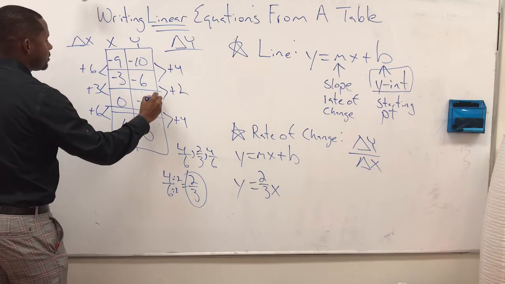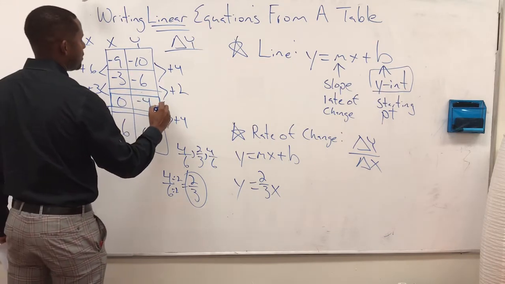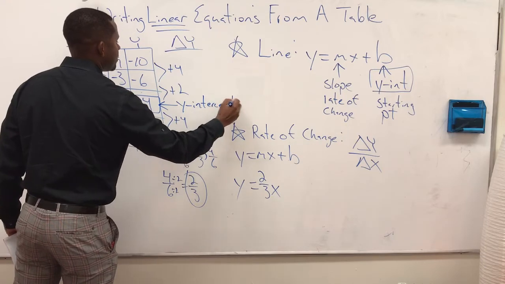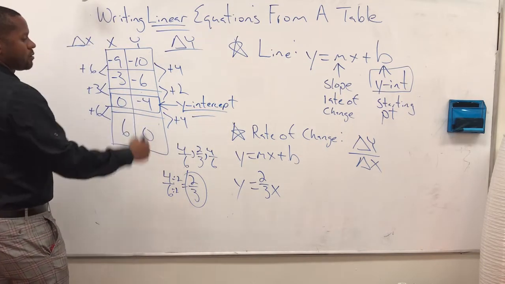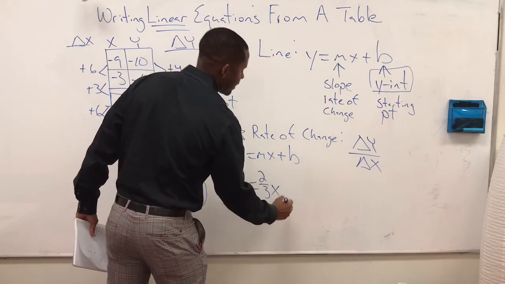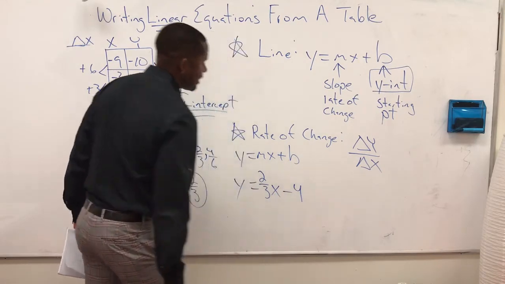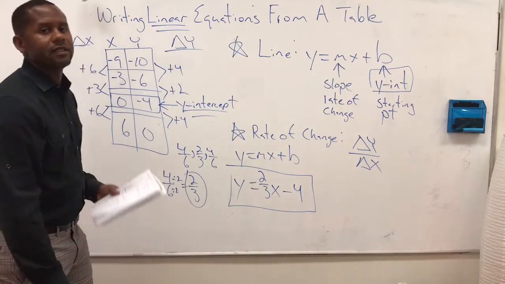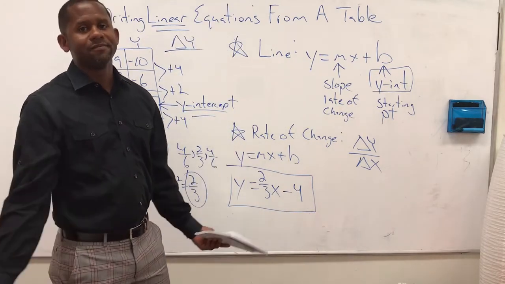Oh, snap. Right here. When x is 0, y is negative 4. So all of a sudden, I just figured out that my y-intercept is negative 4. And now, I've written the equation of my line. It's one way to do it. There are other ways to do it, but I wanted to make sure that you had a refresher.